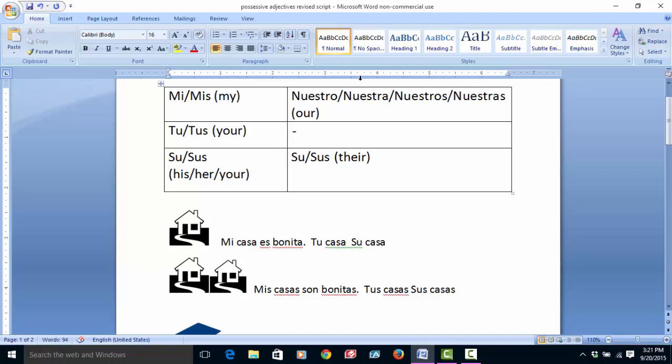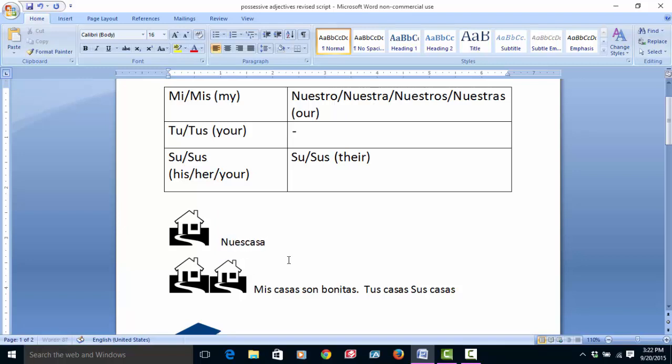Now when we get over here to the plural side, here's where we have to start watching that gender. If we want to say our house, we want to pick the right form. So we have to go to our chart and say, well, if casa is feminine, then I have to use the feminine possessive adjective.